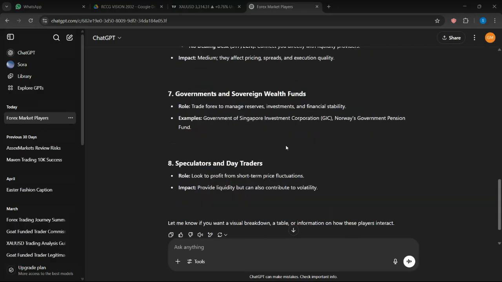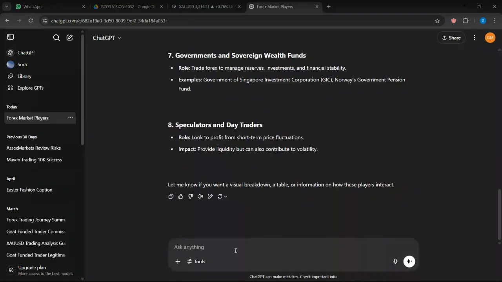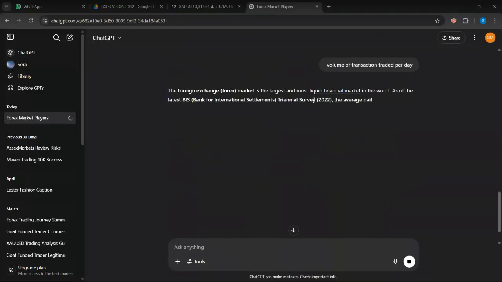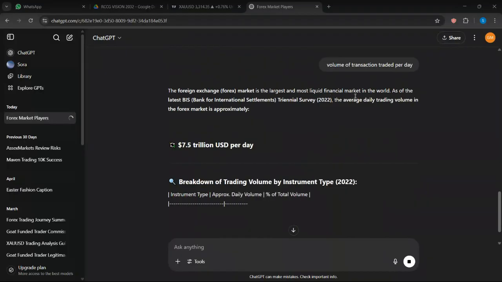Before I continue with that one, let me just ask what's the volume of transactions traded per day. The forex market is the largest and most liquid financial market in the world.